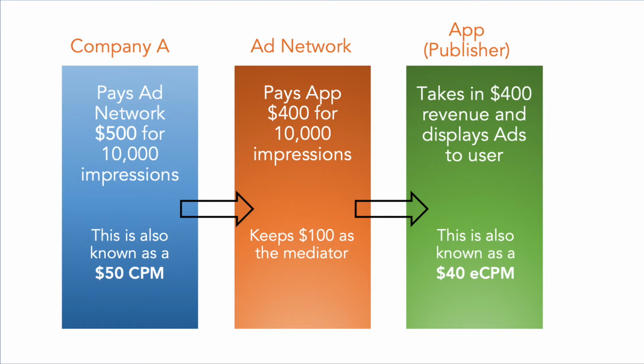And the mediator, the ad network, would take their $100 cut. So that's why there's a difference between the CPM and the eCPM: the company that drives those connections is the middleman and takes their cut, whatever it is relative to the platform. So that's a little bit about eCPM and CPM. I don't know if that helps you out.